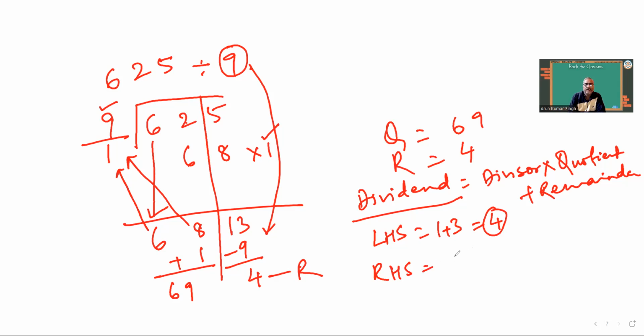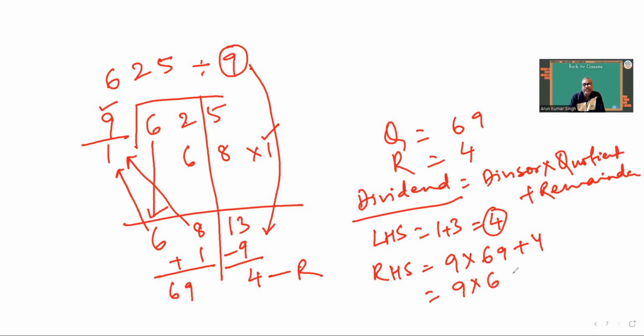The divisor is 9 into quotient 69 plus 4. So now you can say 9, and 6 plus 9 is 15. 15 means 1 plus 5 is 6.